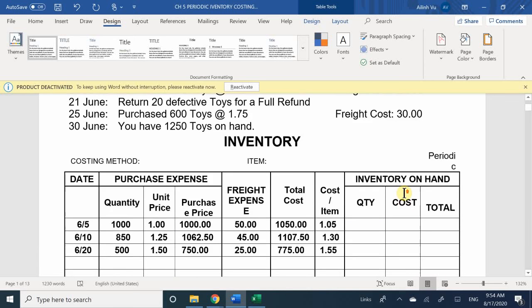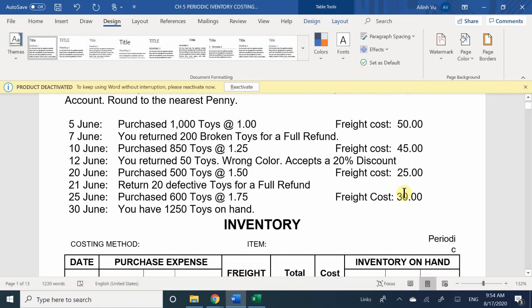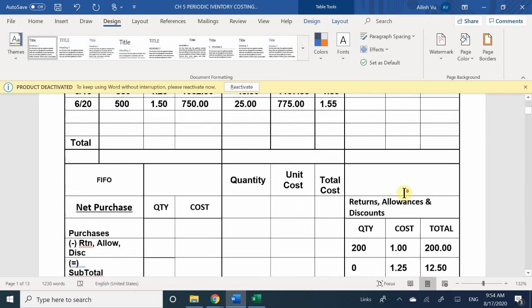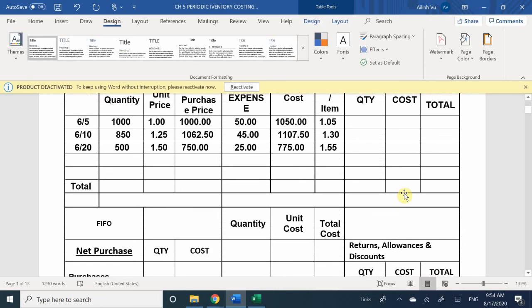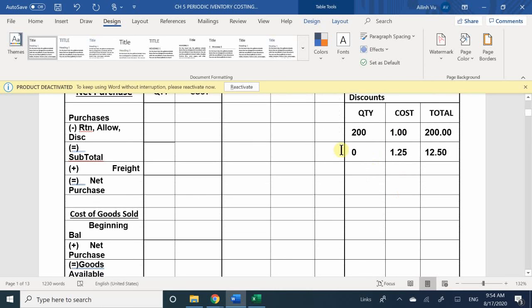All right. What happened next on the 21st of June? We returned 20 items for a full refund. Now let's look at what it cost me.